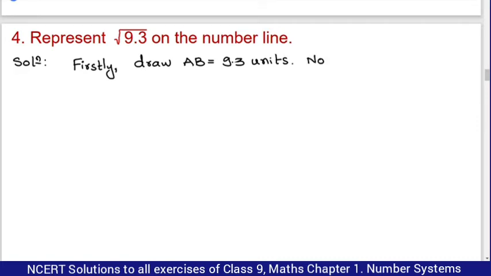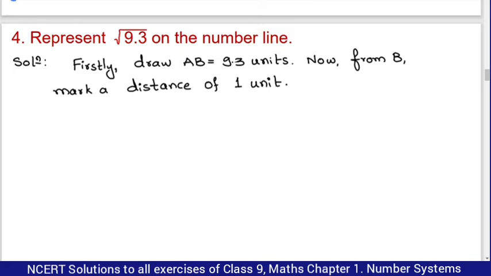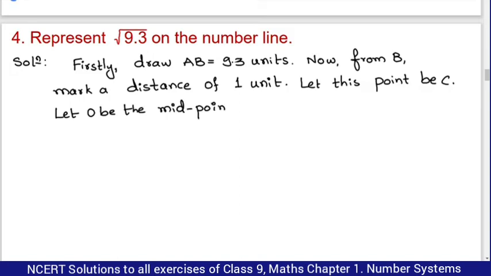Now, from B, mark a distance of 1 unit. Let this point be C. Let O be the midpoint of AC.